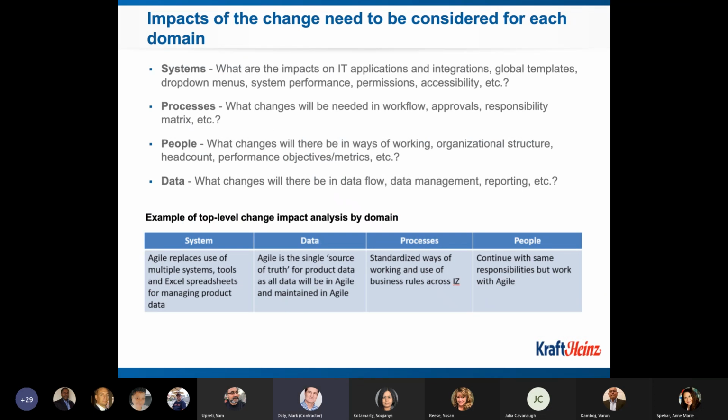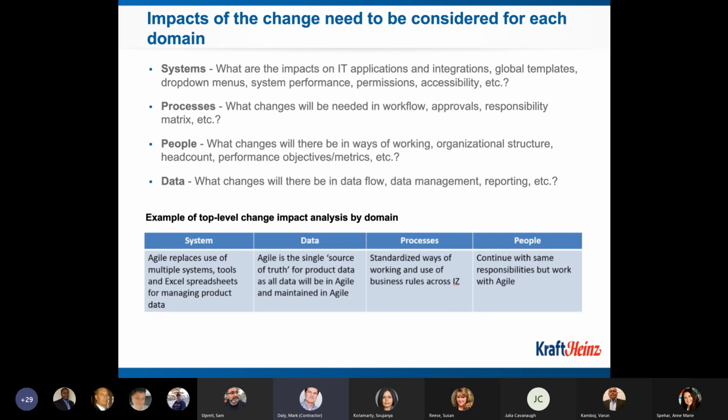So it's good to think, in my view, very simply to start with, of the main domains, and they are actually in the template as well. So you think of what are the impacts on the system, so tools that are going to be used, what are the impacts there? What are the impacts on the processes themselves?